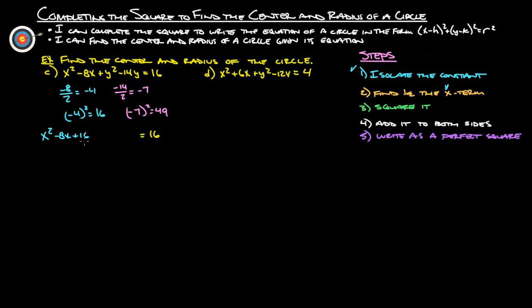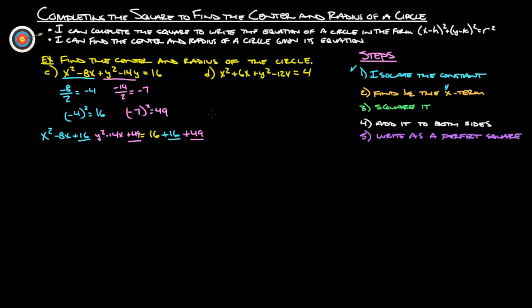We added 16 to this side, so we have to add 16 to this side as well. And then with the y, this is what we started with, y squared minus 14y, and then we are going to add 49 to both sides as well.